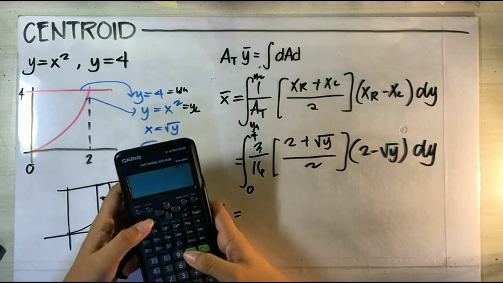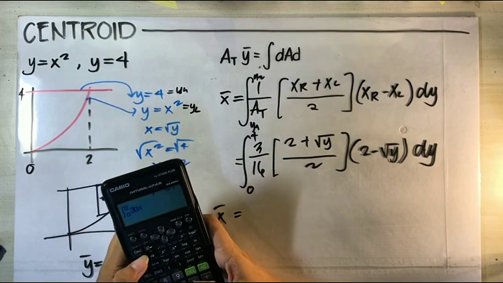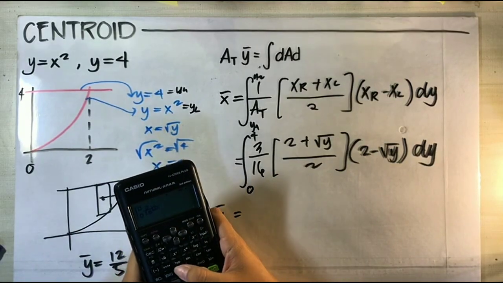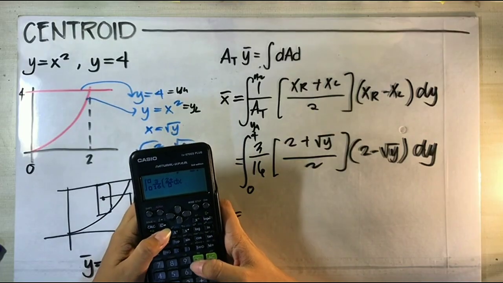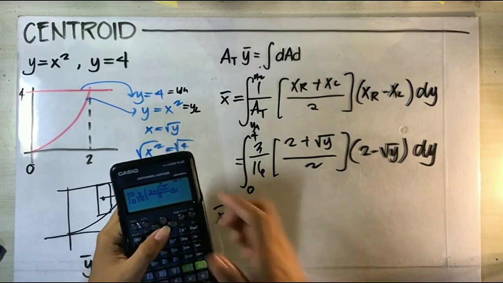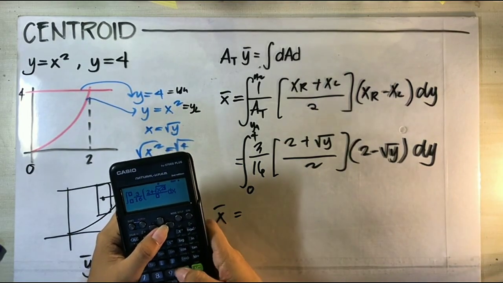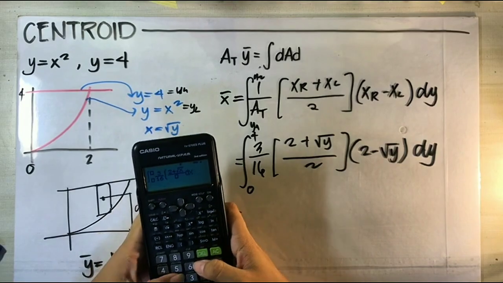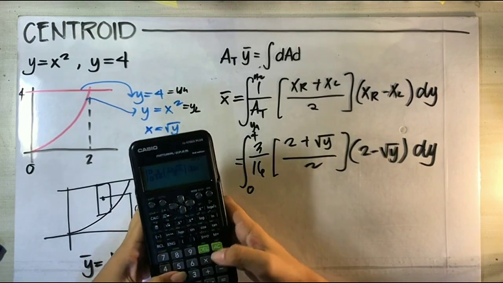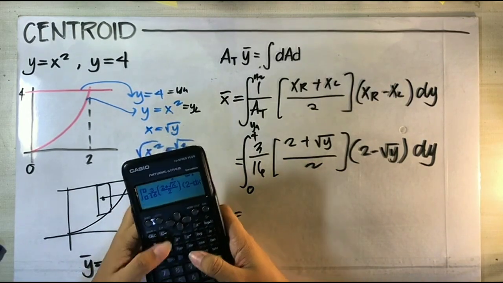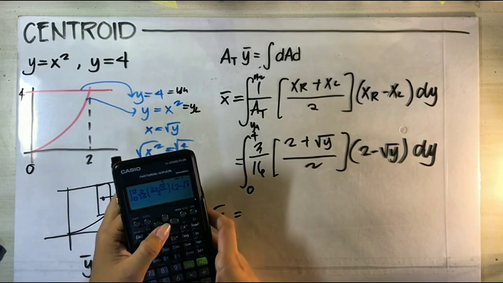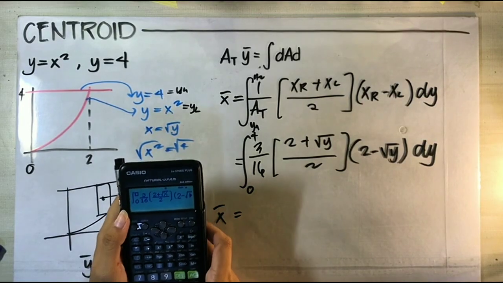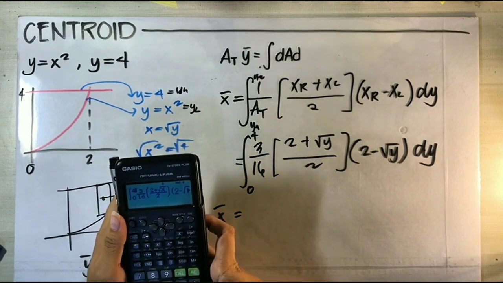So this 3 all over 16 times 2 plus the square root of y, let's use the x all over 2 times 2 minus the square root of y from 0 to 4.